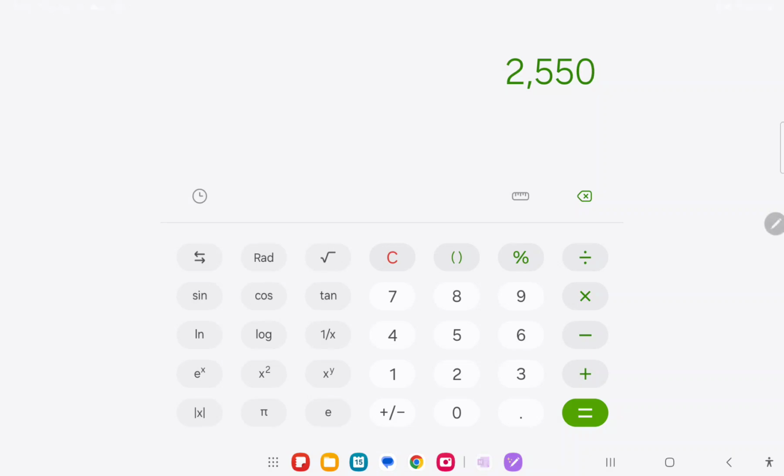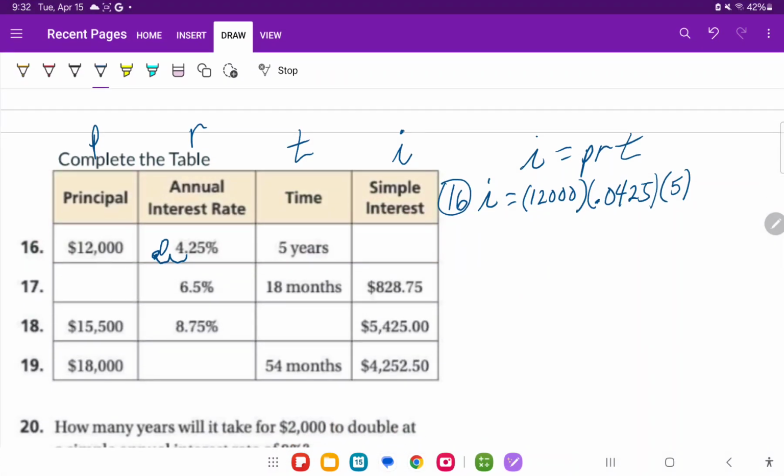All right, and that is dollars. So that's $2,550 right there. Okay, so that was number 16.